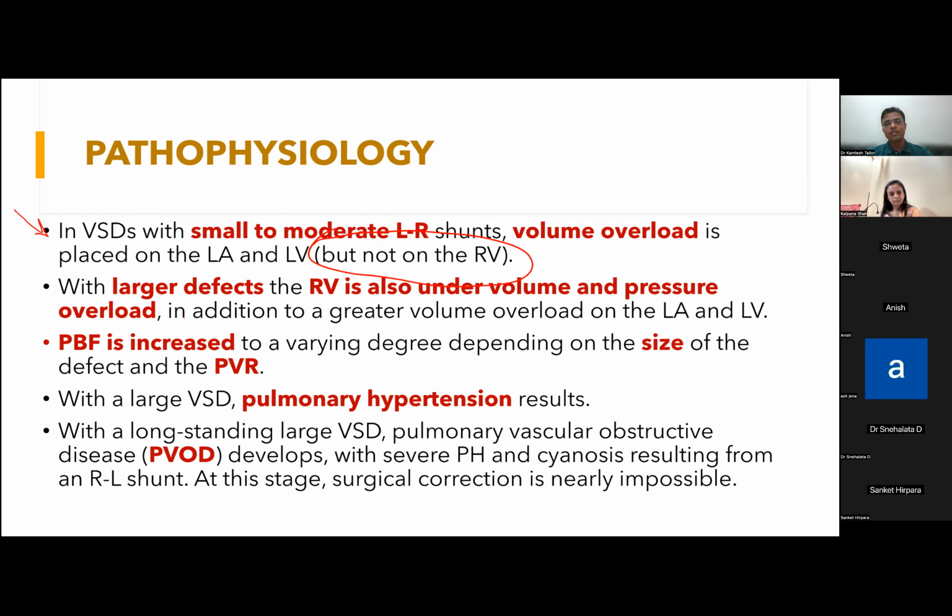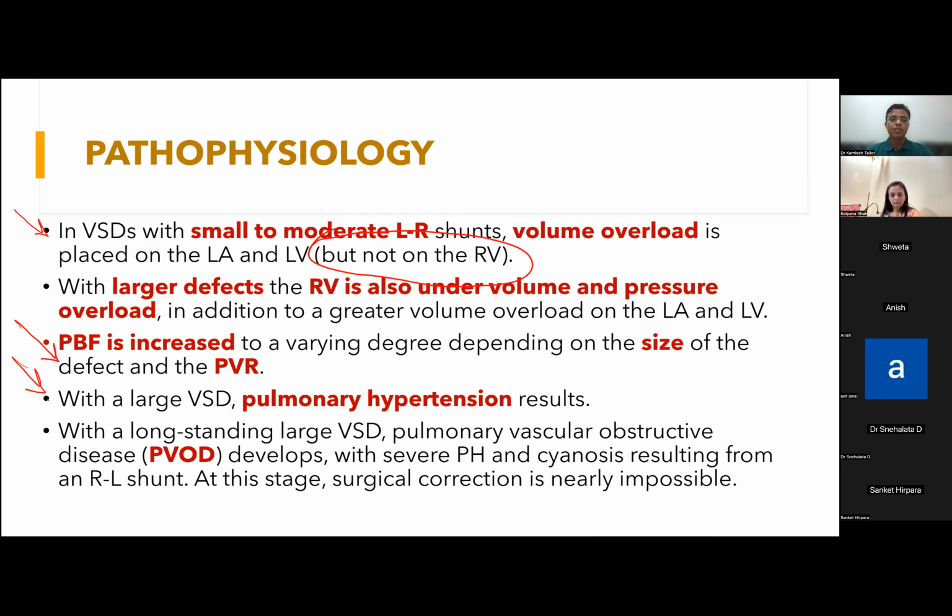But in a larger defect, the RV also comes under volume and pressure overload, and that causes RVH and RV dilatation also. There will be a tremendous increase in pulmonary blood flow, and depending on the size of the VSD and the shunt flow, there will be changes in pulmonary vascular resistance. If there is a large VSD, there will be severe PH. One has to remember this. If a cardiologist has mentioned there is a large VSD, that means there is severe PH.